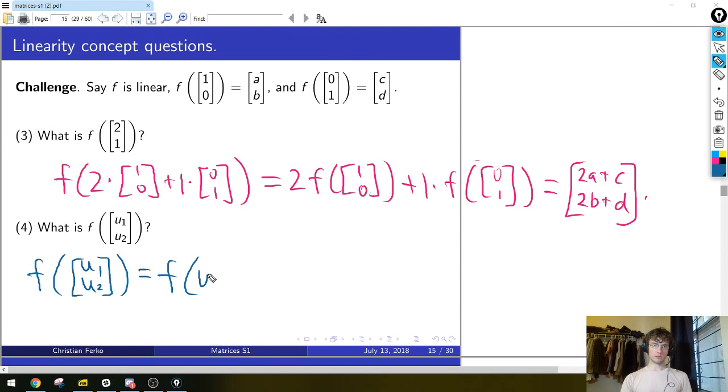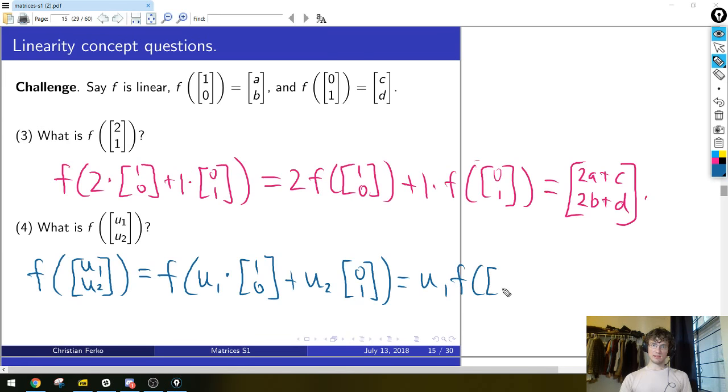So u1 times 1, 0 gives us u1 in the first slot, which is what we have in the input here, plus u2 times 0, 1, since that gives us u2 in the bottom slot, which is what we have. That's the same as u1 times f of 1, 0, using linearity, using both of the two rules, plus u2 times f of 0, 1.